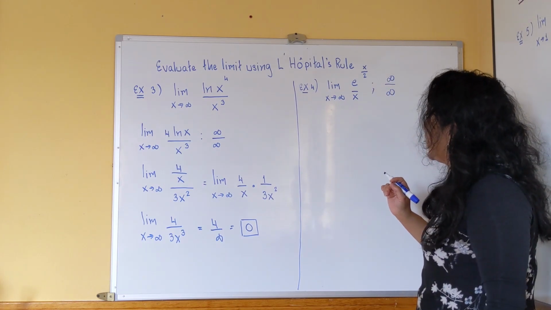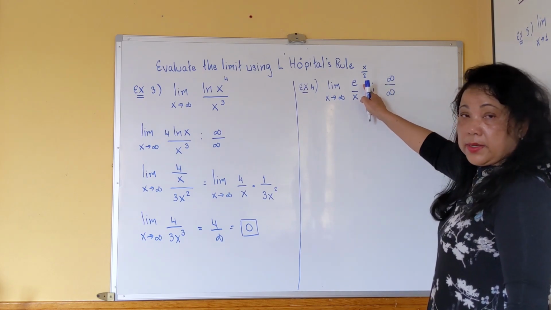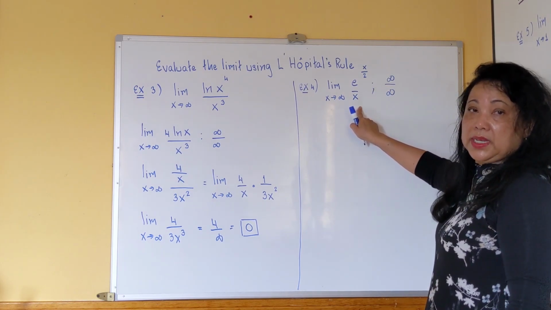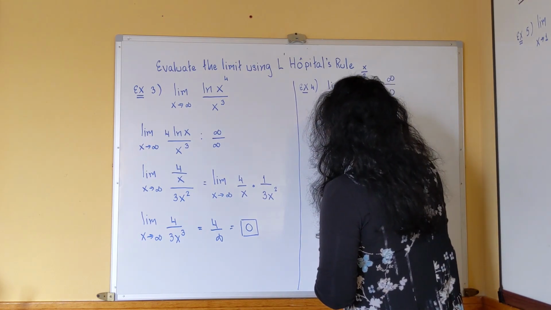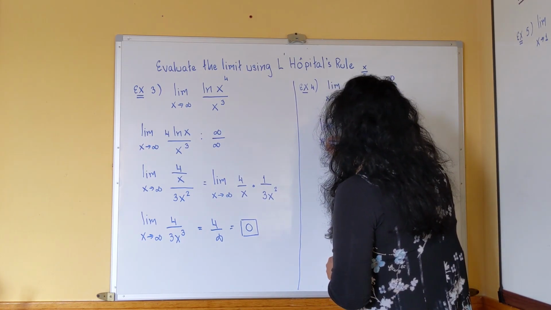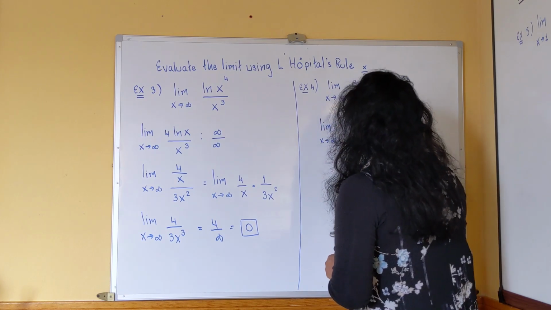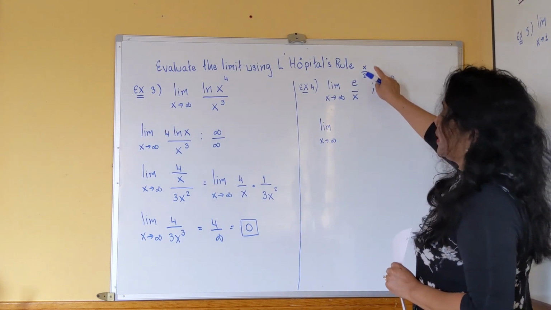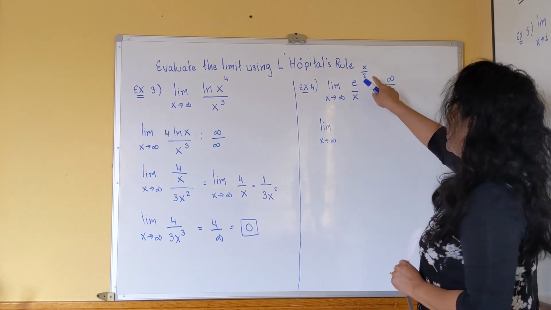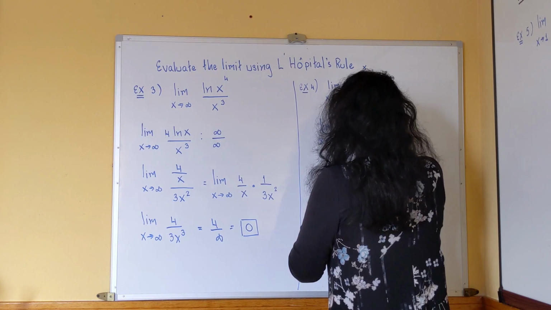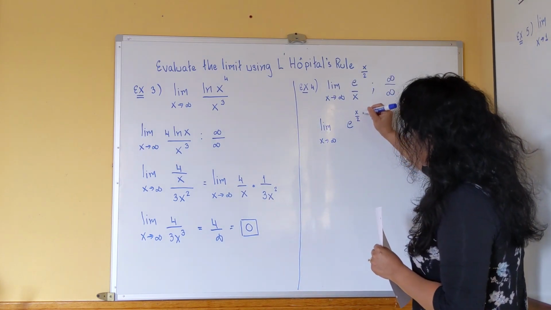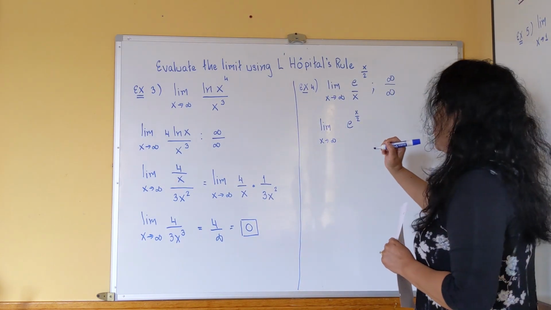I'm going to take the derivative of the numerator separate from the denominator. The derivative of e to any exponent is just e to that exponent, however we have to take the derivative of the exponent, which is 1/2.